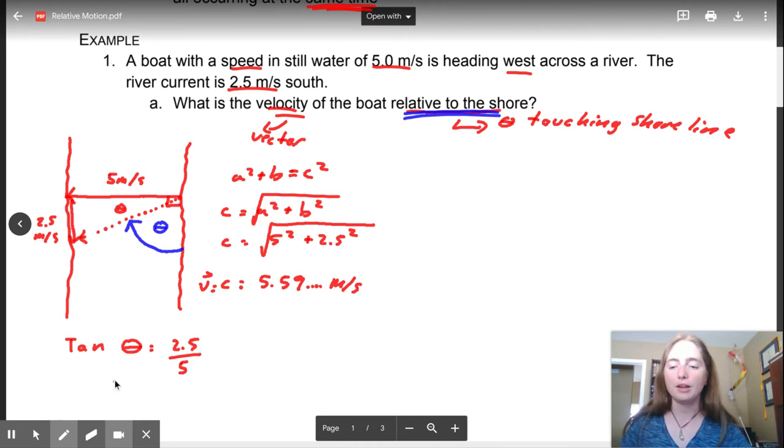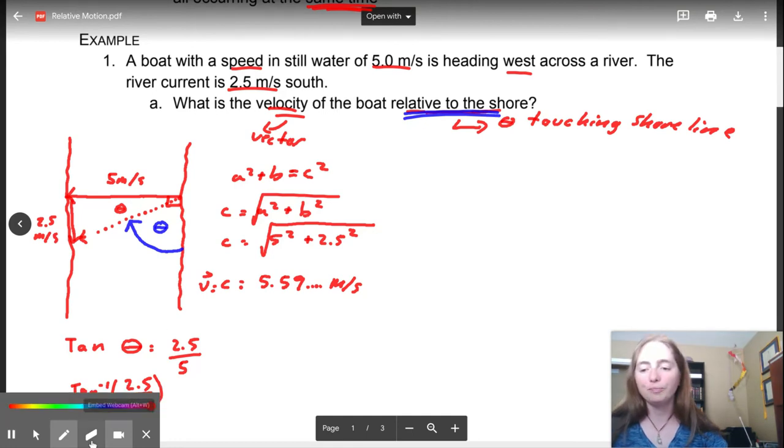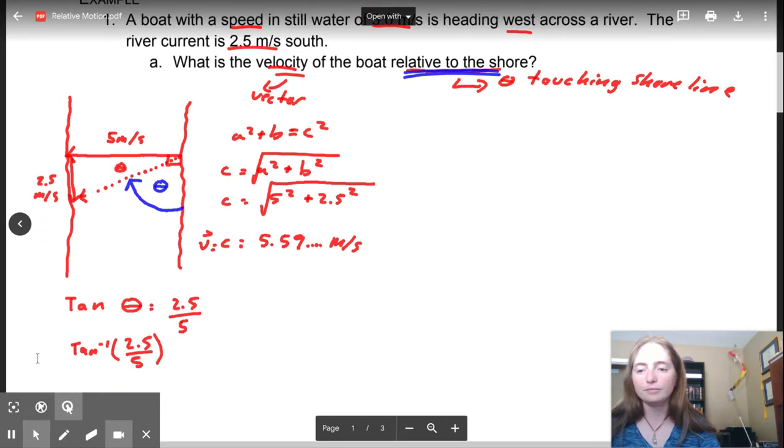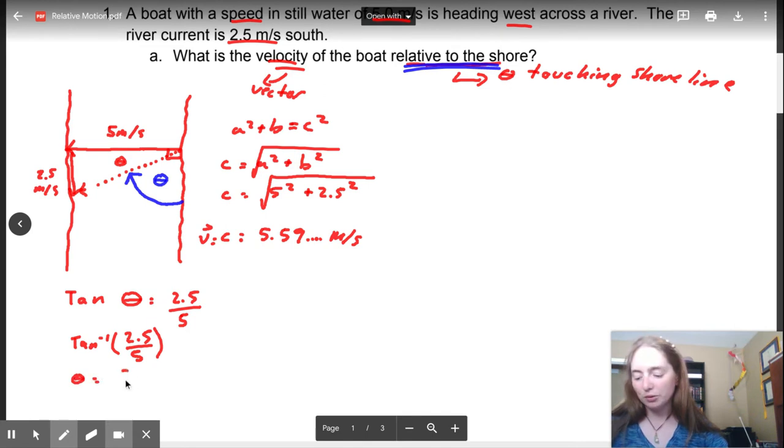Okay, and I'm trying to find theta, so I want tan negative 1 of 2.5 over 5. So I'm going to grab my calculator, which is underneath my formula sheet, and I'm going to go second tan 2.5 over 5. And that is going to give me the lovely angle for my red theta of 26.56 ... degrees.